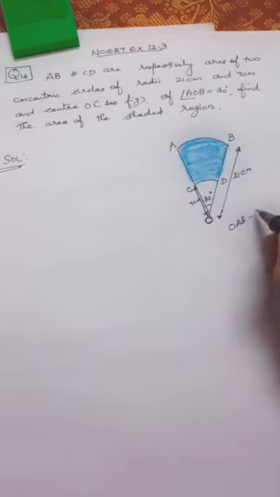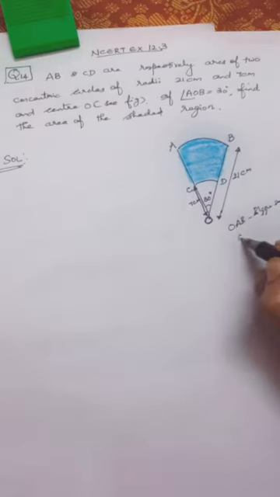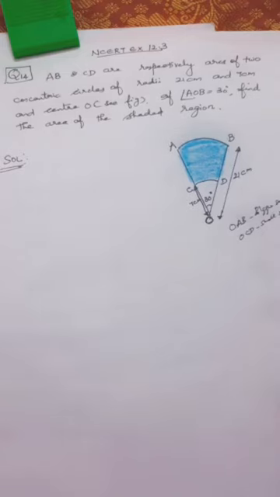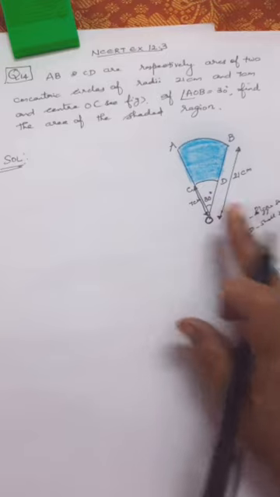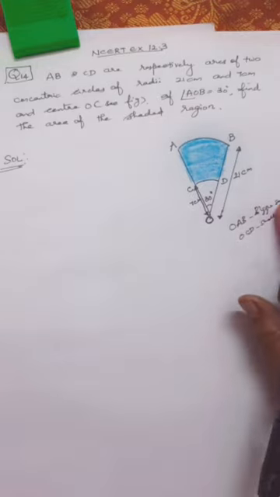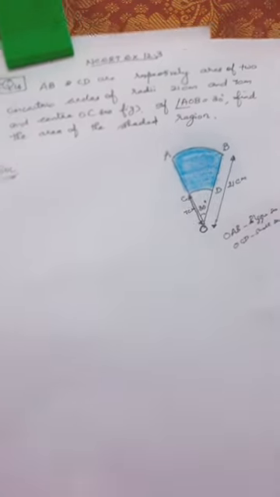OAB is the bigger sector and OCD is the smaller sector. If you subtract the area of the smaller sector OCD from the area of the bigger sector, you can find the area of the shaded region.